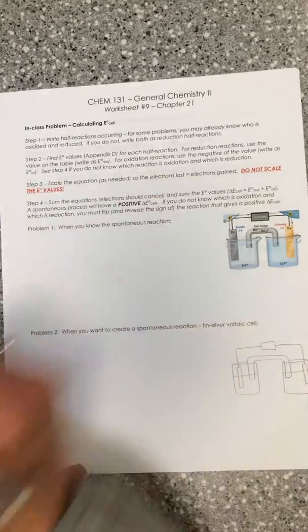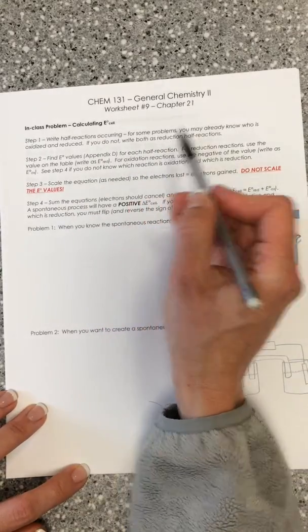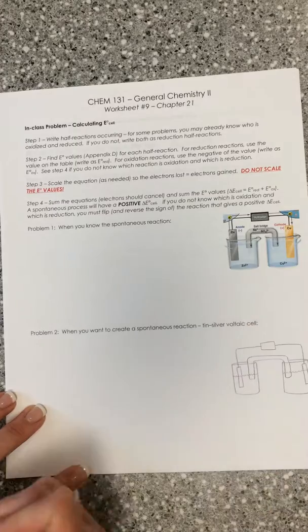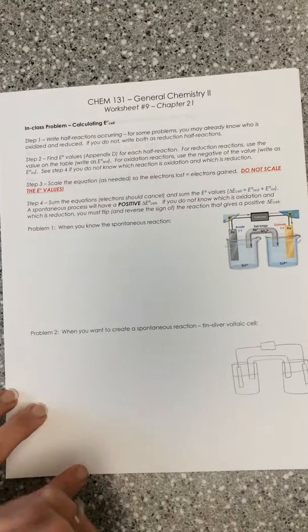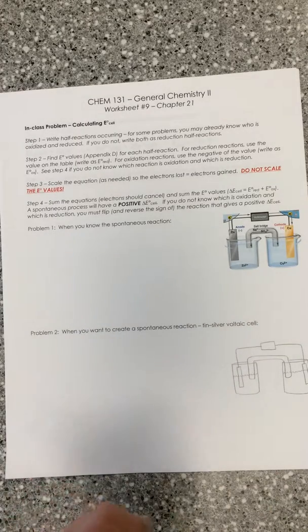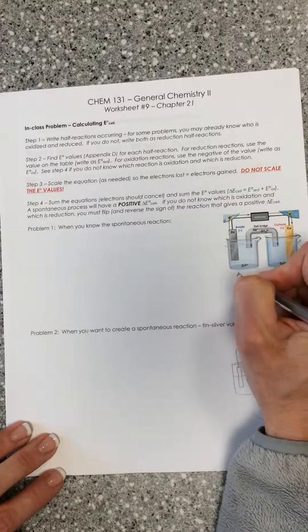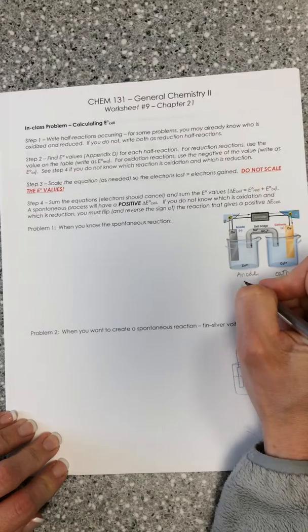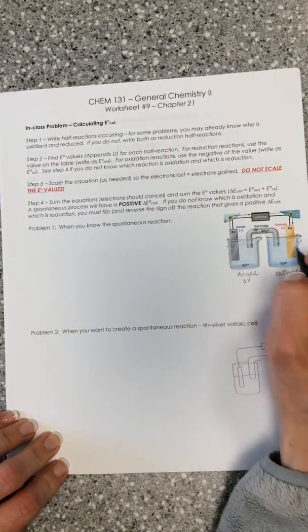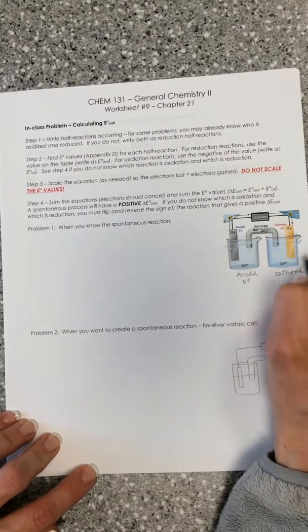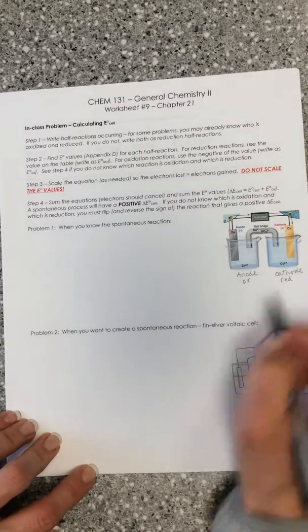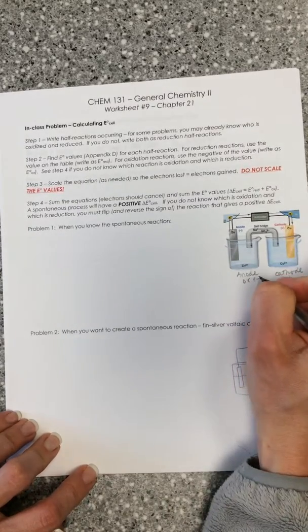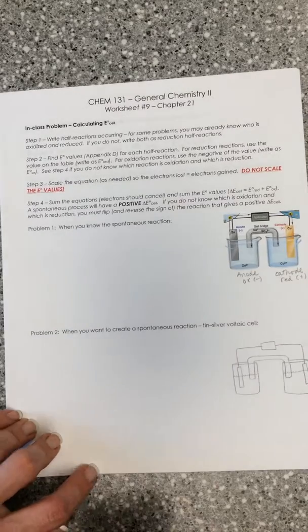For some problems, we already know who's being oxidized and who's being reduced, and for this zinc copper cell we do, because we know that our anode is over here and our cathode is here. Oxidation, an ox, occurs in the anode compartment, and reduction occurs in the cathode compartment, red cat. And if we need to remember, you've got negatives and positives that we can put in here.